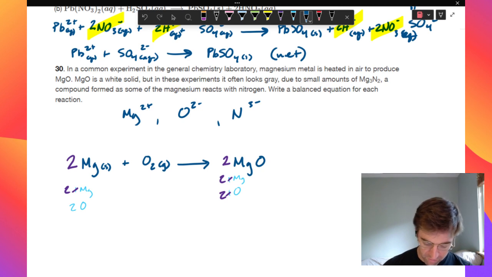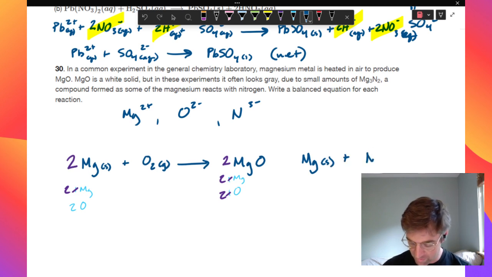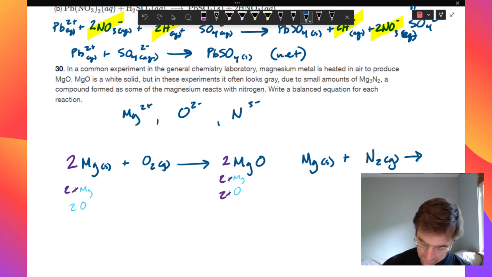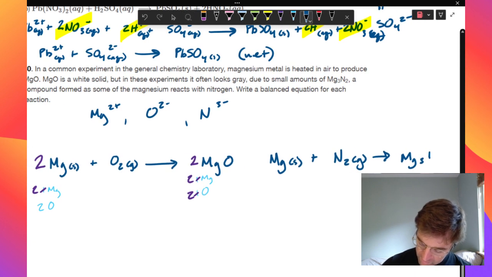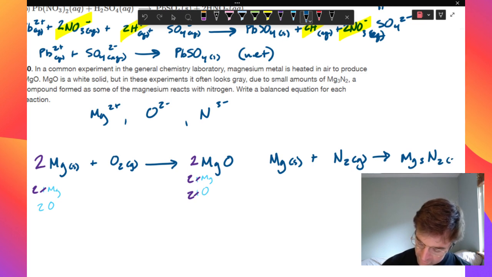Let's do the same thing for our solid magnesium and gaseous nitrogen, forming magnesium nitride, magnesium 3, nitrogen 2, solid.